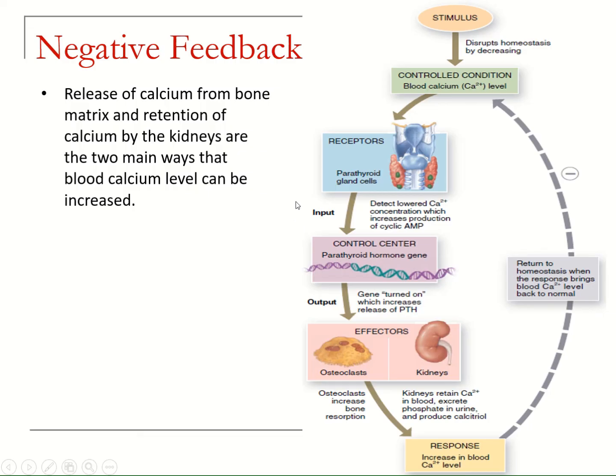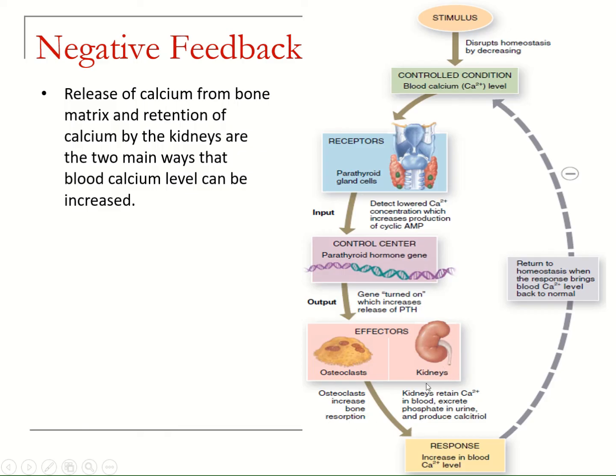And this will serve as an input to your control center, the parathyroid hormone gene, and the gene will be turned on, which increases the release of PTH, parathyroid hormone. And the effect will have the osteoclasts increase bone resorption, thus increasing the calcium level.